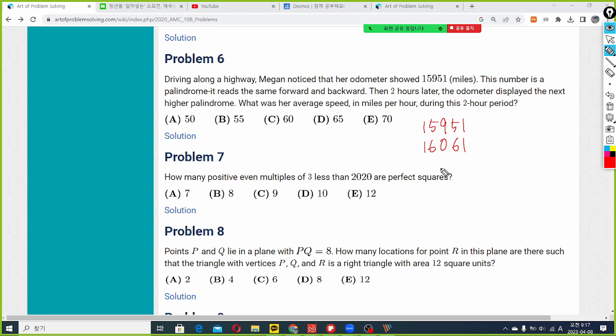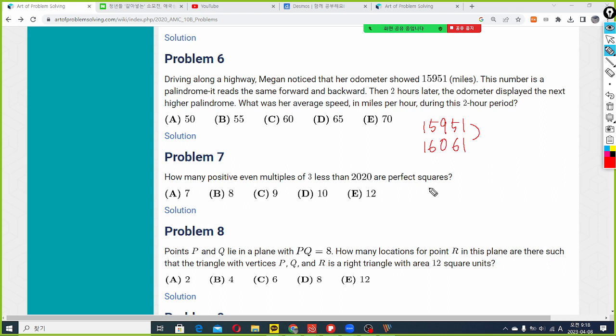So find the average speed. The difference between these two is 16,000.